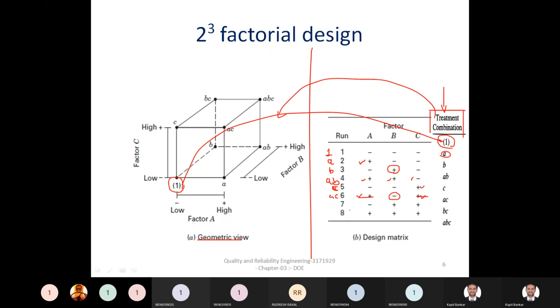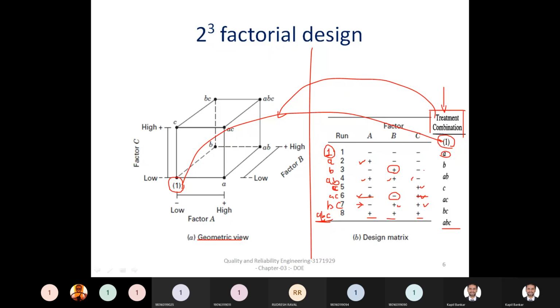Suppose BC. So B and C factors will be high and remaining will be low. B factor is high, C factor is high, remaining A is low. Okay. And last is ABC. ABC, means all the factors are positive. So A is positive, B is positive, and C is positive. Here, only one means there is no factor, means all the factors negative, low factor, minus, minus, minus. Got it, all of you?